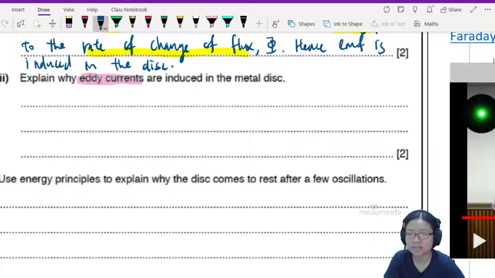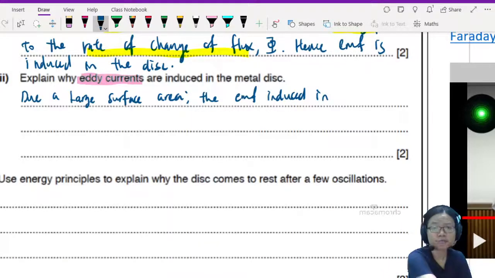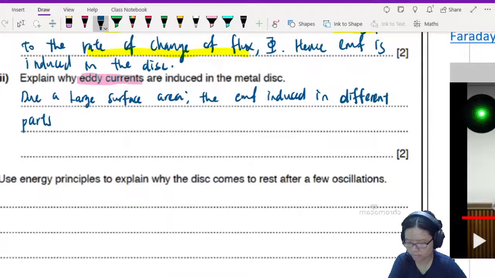You could say that due to a large surface area, because a wire doesn't have a large surface area, the e.m.f. induced in different parts of the disc is not the same. Okay?